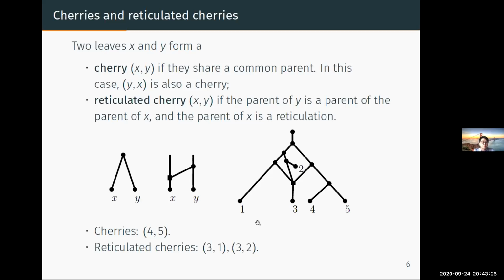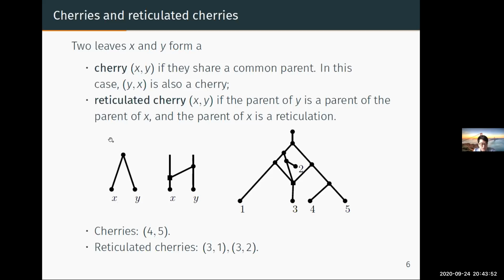So you can see at the leftmost figure here, I've just taken the part of the network that just contains X, Y. So there may be something else going on up here that leads to an even bigger network, but we're only interested in the subgraph that contains these two leaves. So in this case, we say that X, Y forms a cherry.